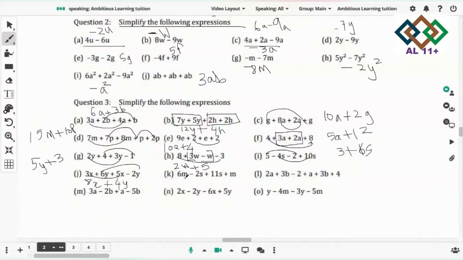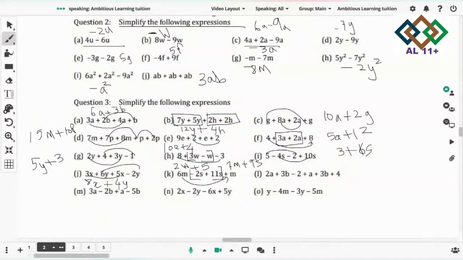Then you have 6m minus 2s plus 11s plus m. So now this is already done for us. I'll put them in brackets so you guys don't get confused. And this goes here. So then you have 7m plus 9s. Then you have 2a plus 3b minus 2a plus a plus 3b plus 4.